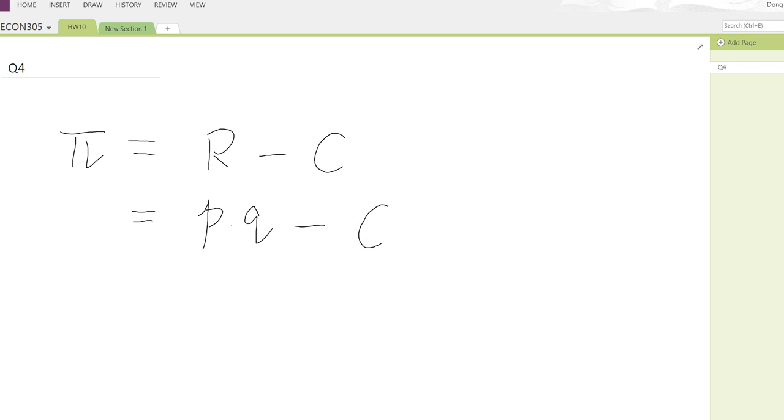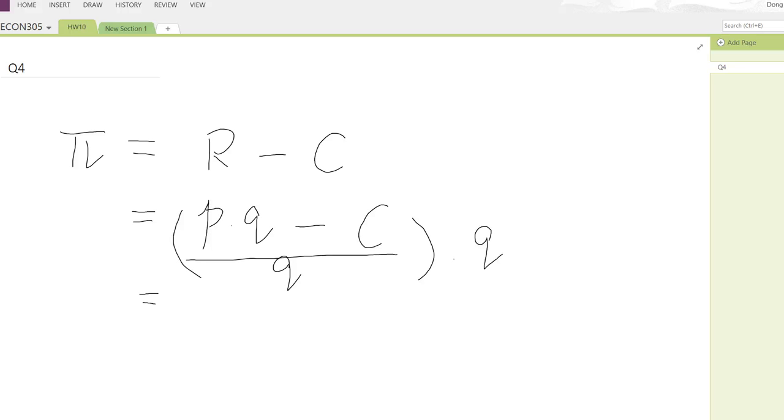And here what I can do is divide this by Q. But to maintain this equation, after I divide by Q, I have to multiply Q back, so I can maintain the value.